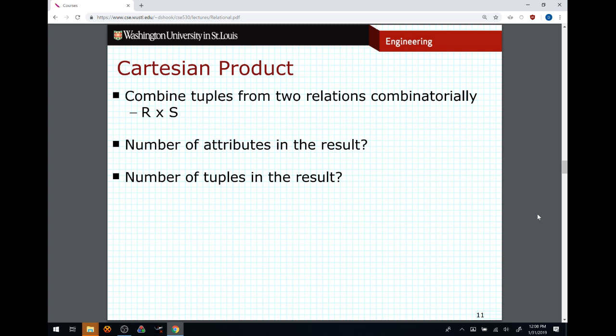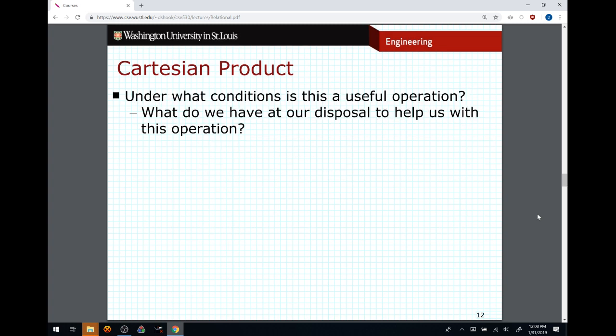We're not often going to see a Cartesian product used by itself. We're going to see a Cartesian product used with another relational operation. In fact, a relational operation that we've already discussed today. Under what conditions is this a useful operation? Very few.